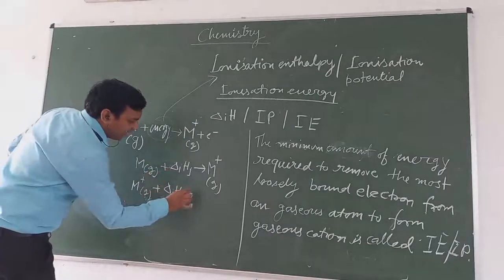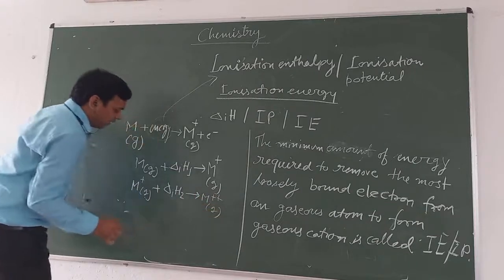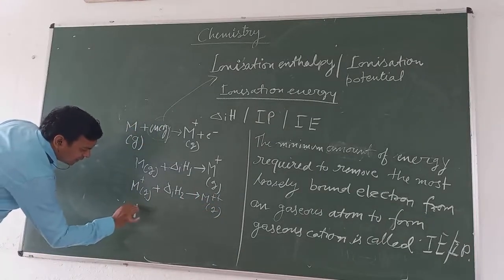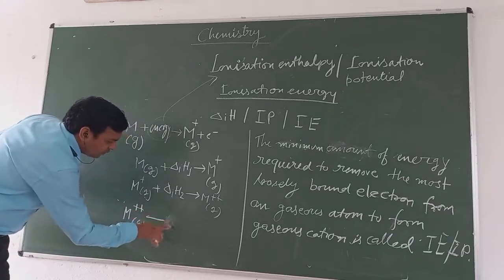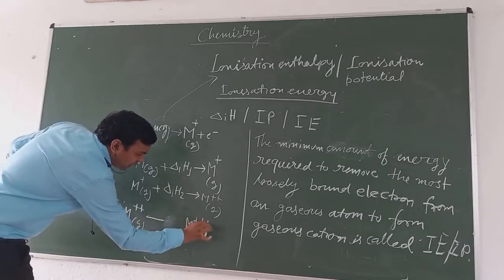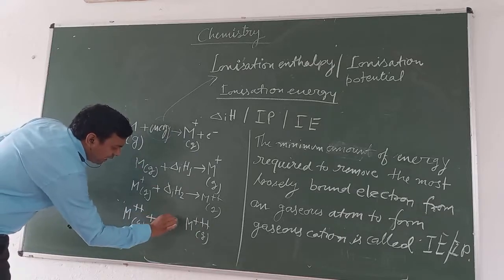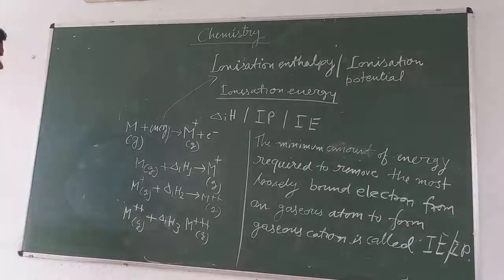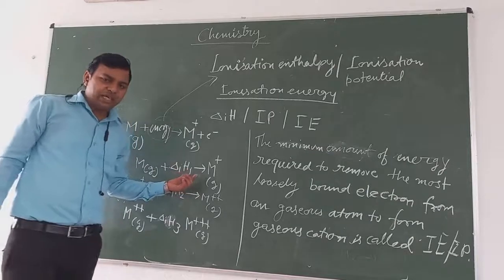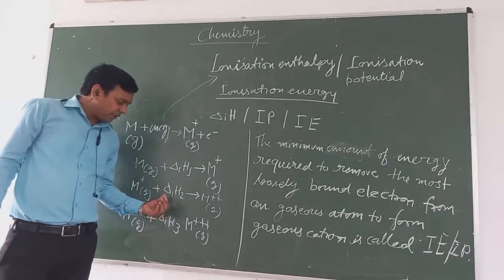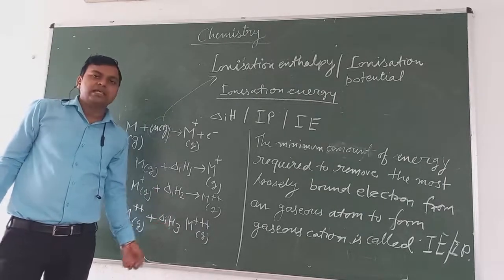Then M double plus gaseous state is converted to M3 plus charge in the gaseous state, and it is known as delta I H3. First ionization enthalpy is delta I H1, second is delta I H2, and third is delta I H3.